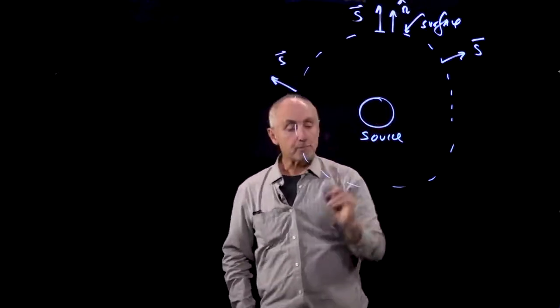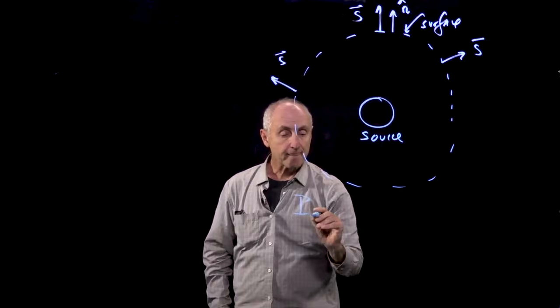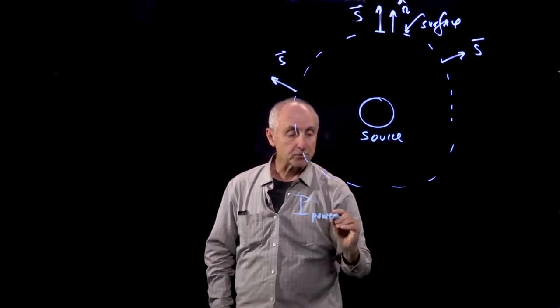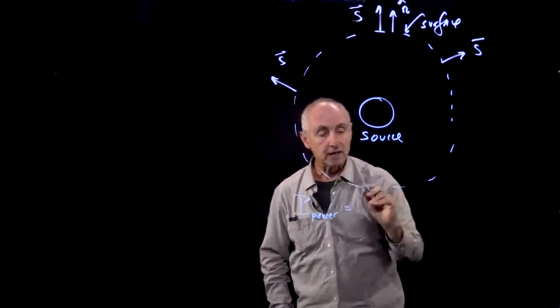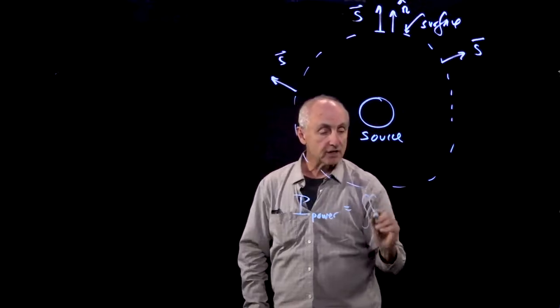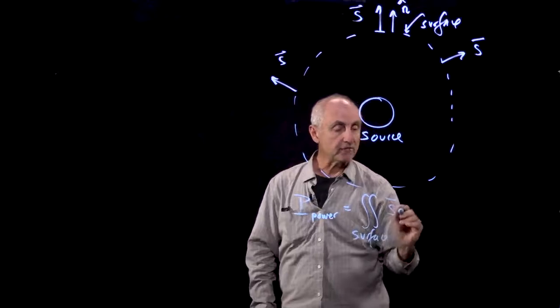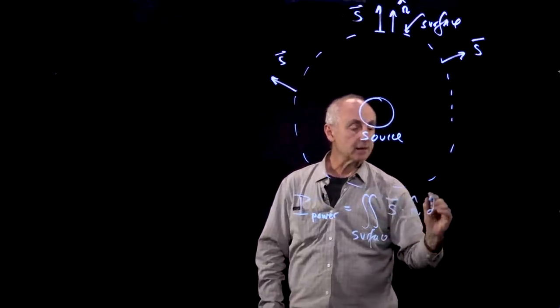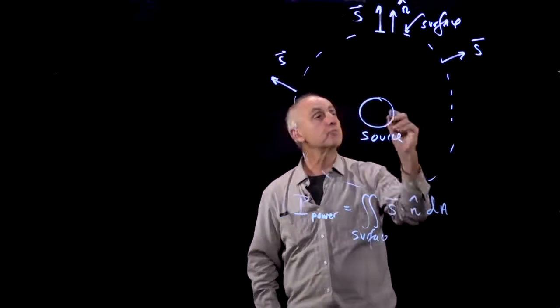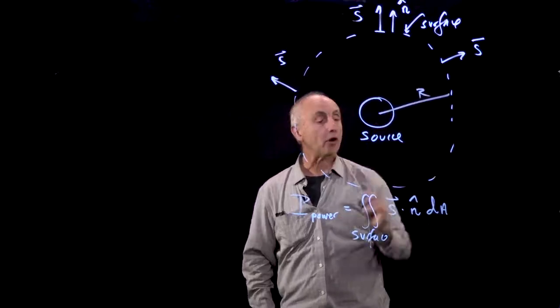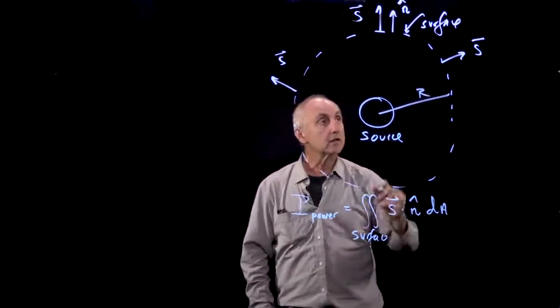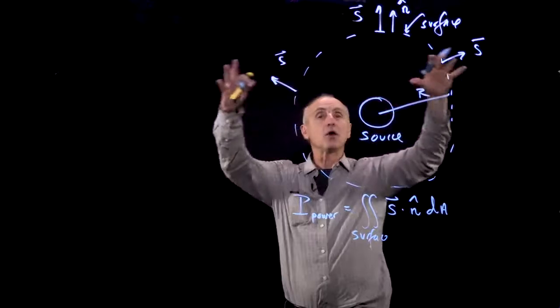We know that the power, and I'll write power because we've been using radiation pressure and momentum, on our surface is equal to the integral of the Poynting vector dot n hat times dA. And suppose that our surface has radius r, and S is pointing radially away.